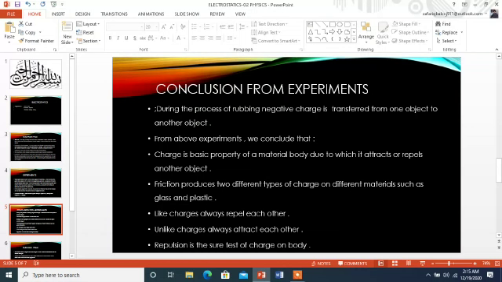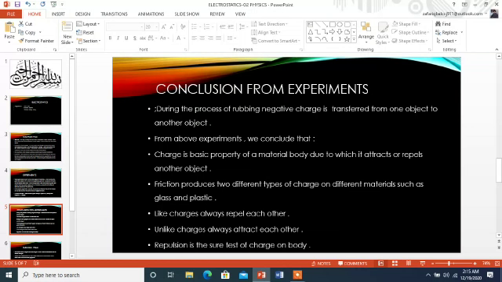Repulsion is the sure test of charge on a body. Whenever we are observing whether a body has any charge or not, if two bodies repel each other, then it is 100% correct that they are charged bodies.